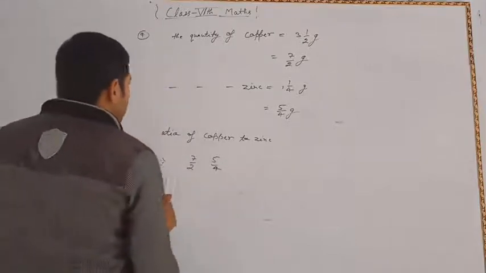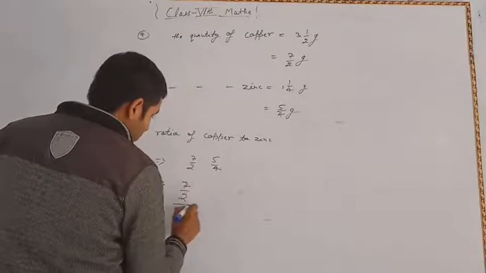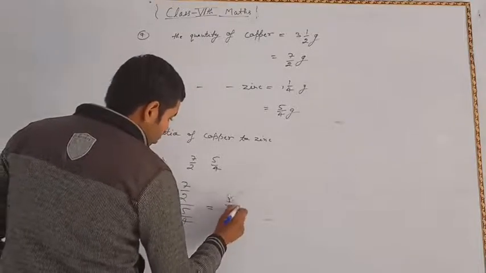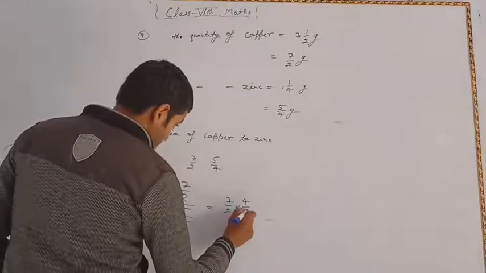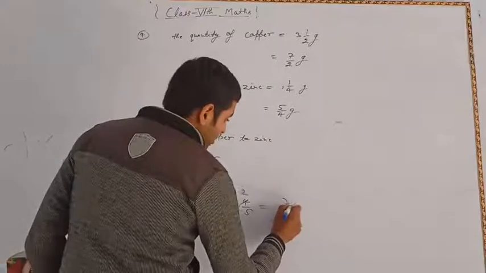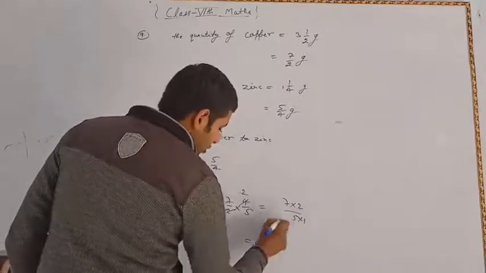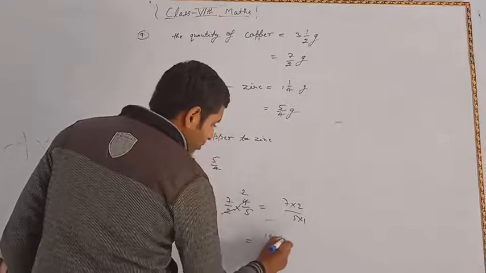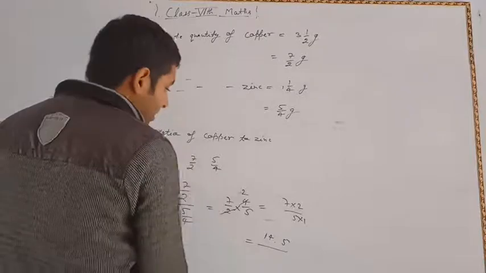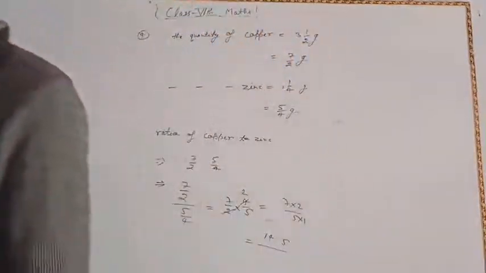Okay, from here we get 7 by 2 divided by 5 by 4, which is equal to 7 by 2 into 4 by 5. 2 2s are 4. From here we get 7 into 2 upon 5 into 1, which is equal to 7 2s are 14, 5 1s are 5. So the ratio between the copper and zinc is 14:5. This is our solution of this question.